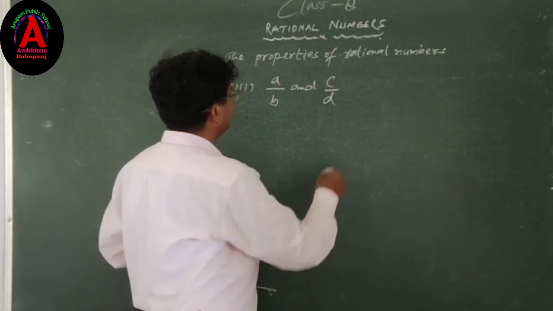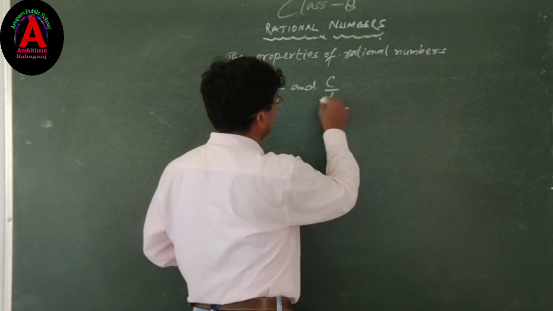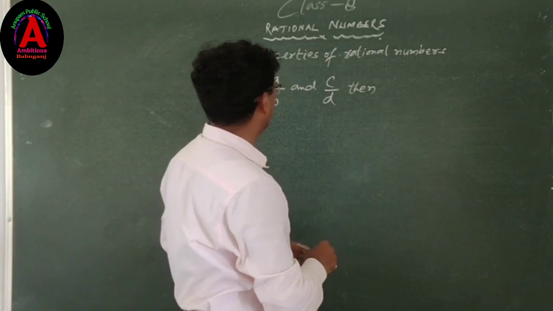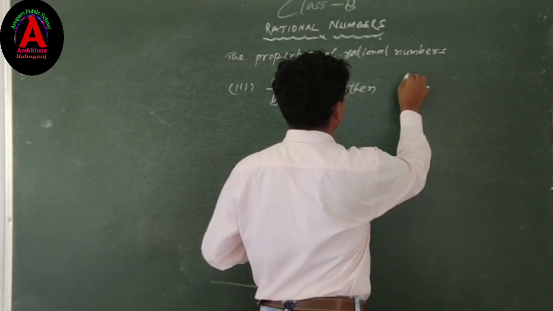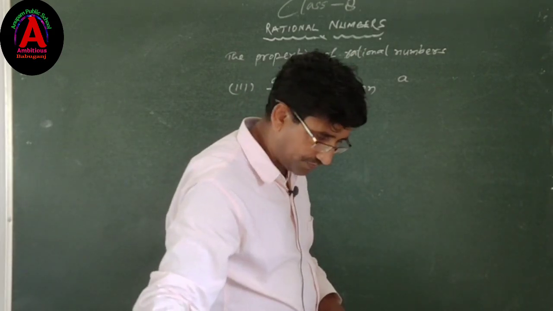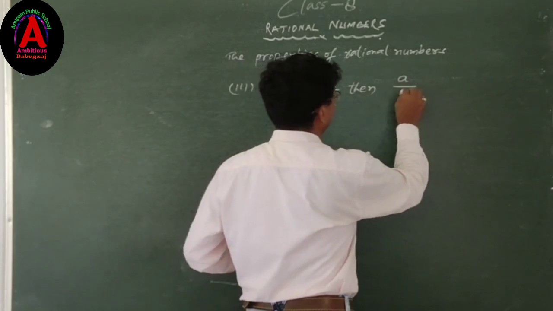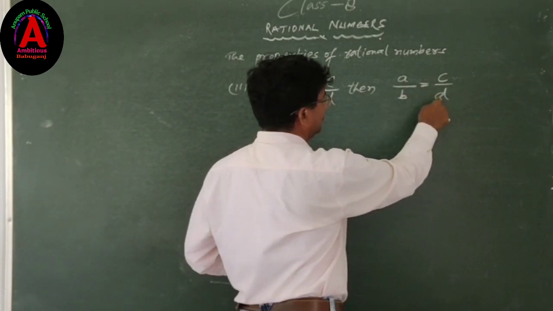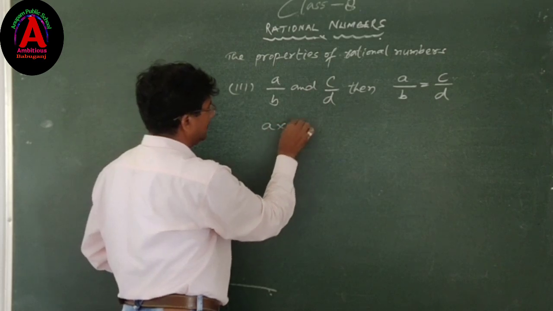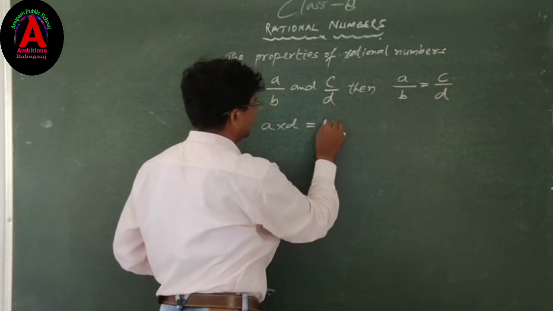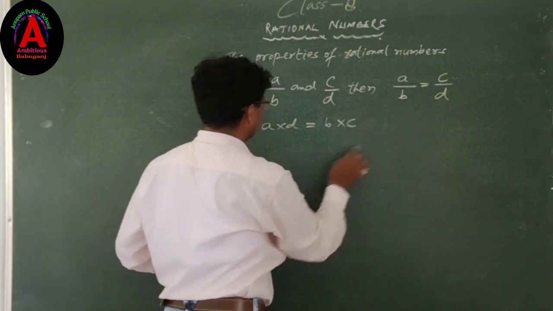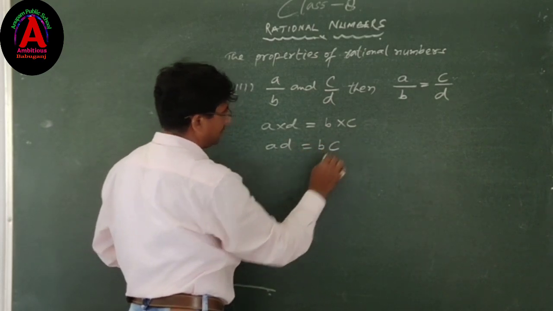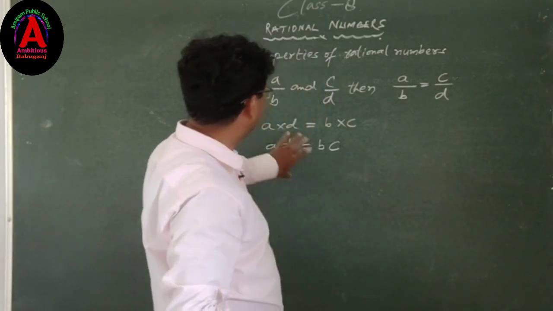Then A upon B is equal to C upon D if A into D is equal to B into C. It means AD is equal to BC. So this is our third property.